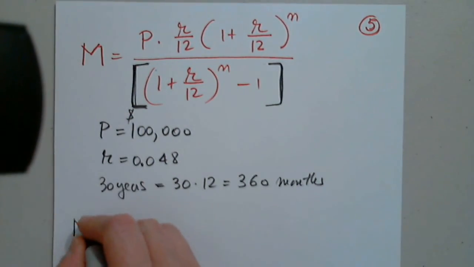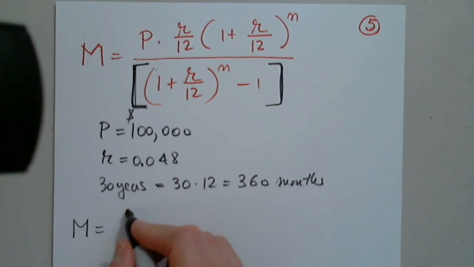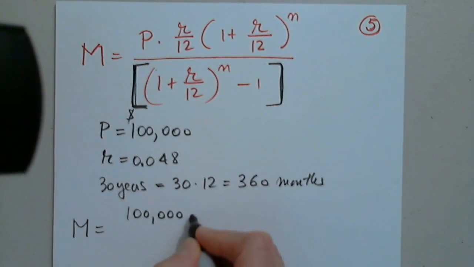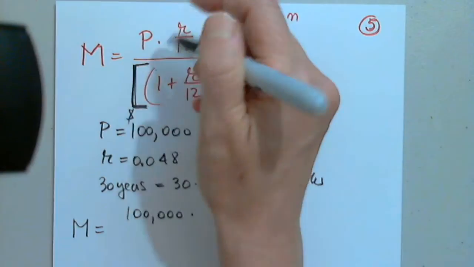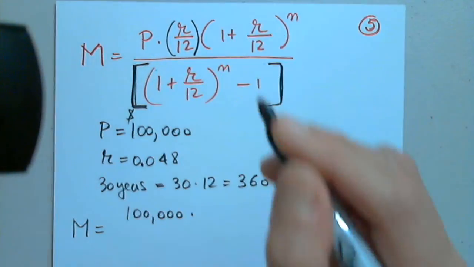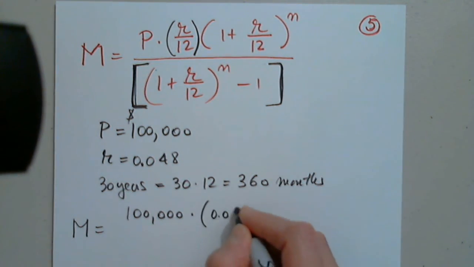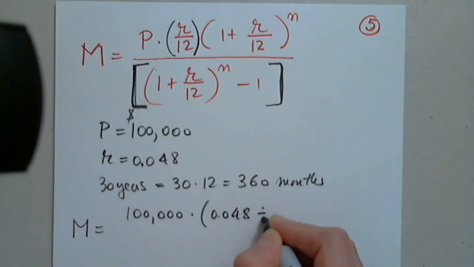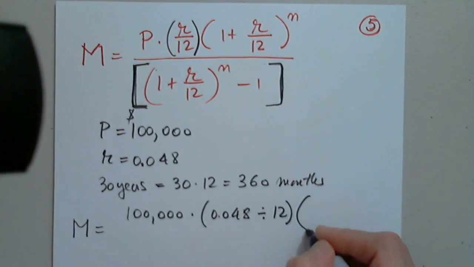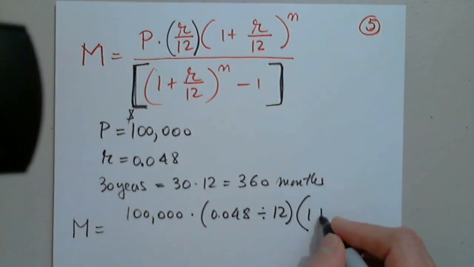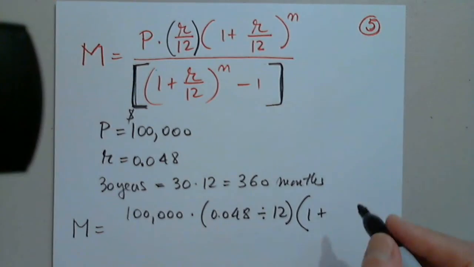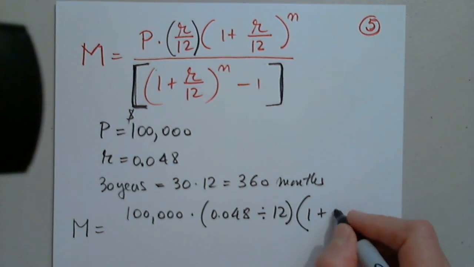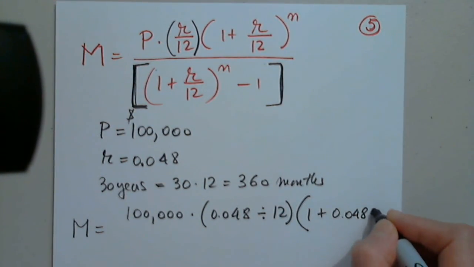So how do I enter this in the calculator? It will be like this. 100,000 multiplied by, I will put parentheses here as well. So multiply by 0.048 divided by 12, close the parenthesis, open another one, 1 plus. Here it's okay if I only write it as 0.048 divided by 12.